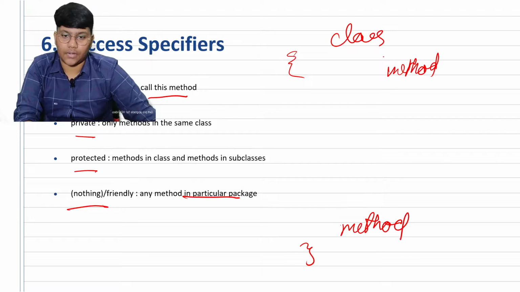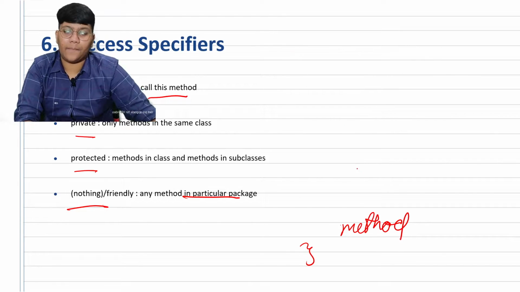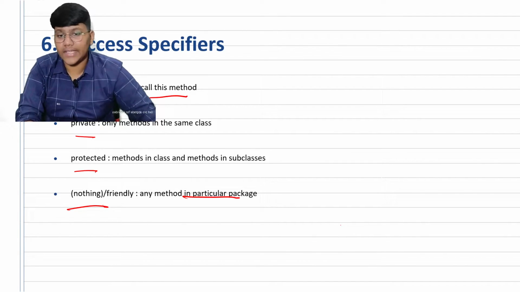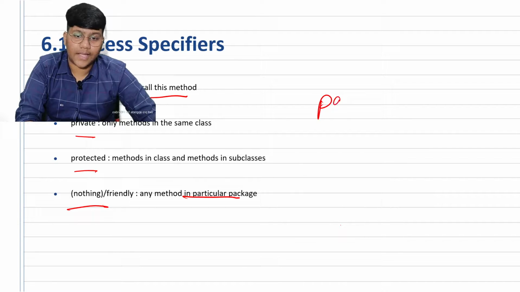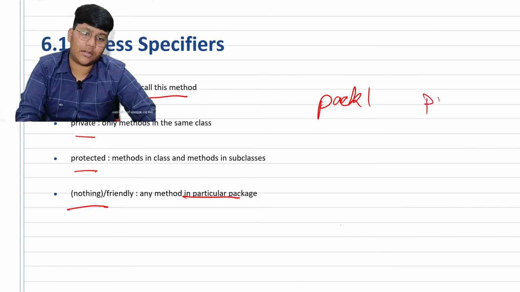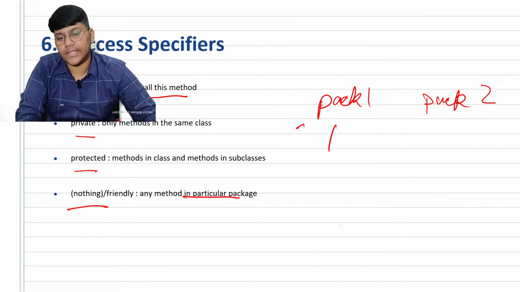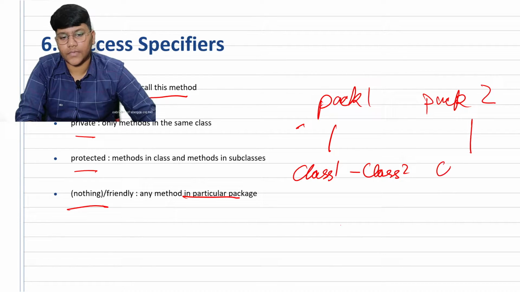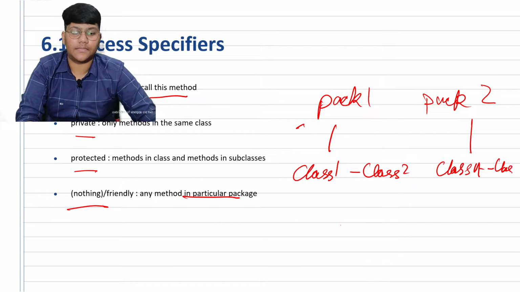So for now, let's revise the whole thing. There are packages, package 1, pack 2, then inside these a class 1, class 2, class A, class B, and subclasses sub 1, sub 2.